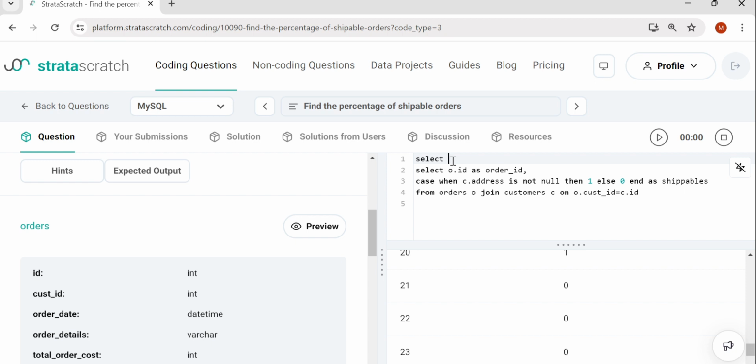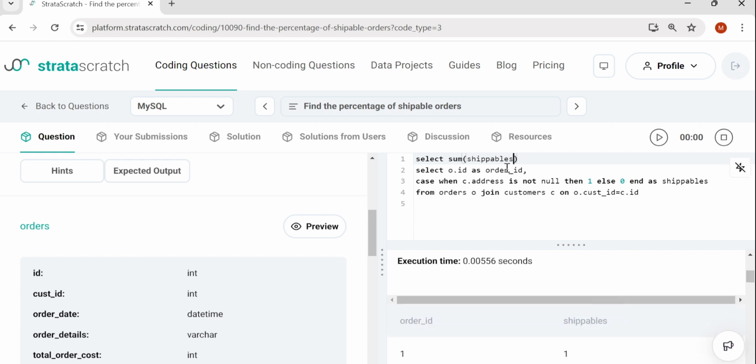Select, how can you do that? Sum of shippables. This sum will return the total number of shippables, right? You can see here, shippables. Now we divide the total number of shippables by the total number of orders, so that you find the shippable percentage.